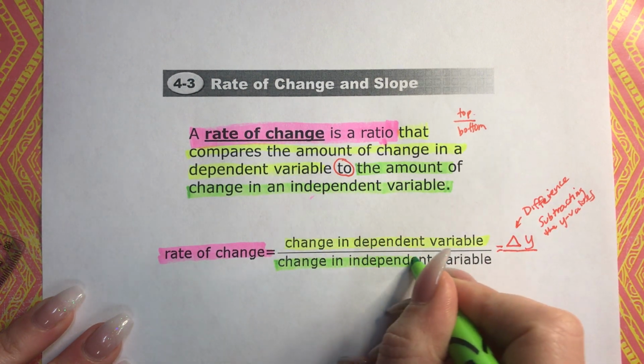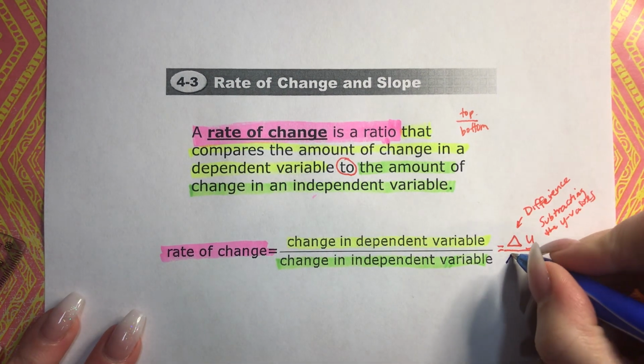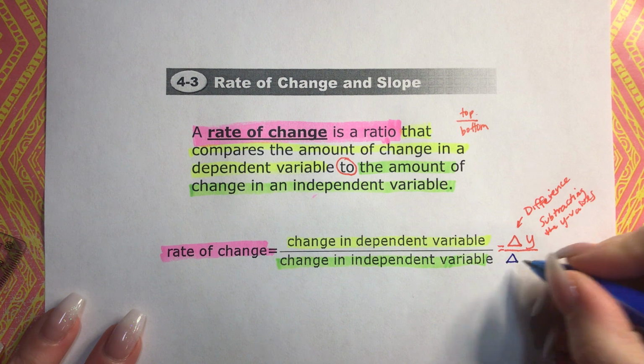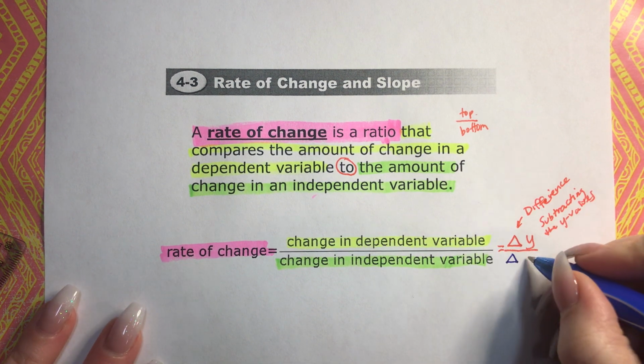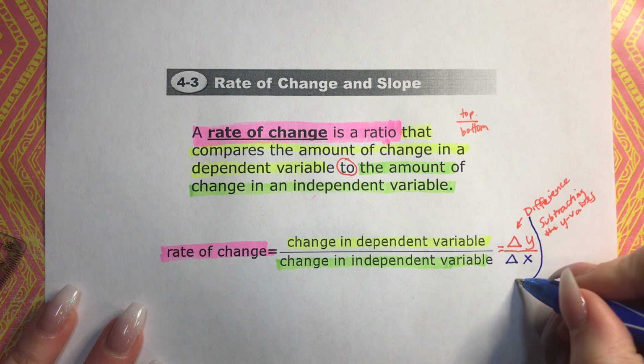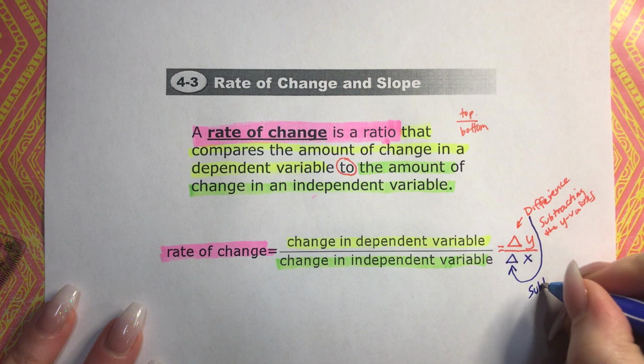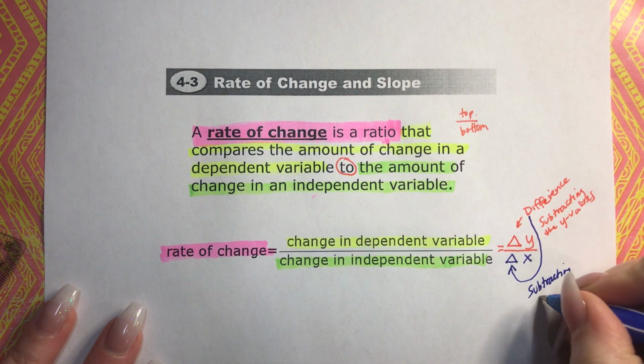Change is that little triangle, and the independent variable is x. So you're taking the difference in x, subtracting the x values.